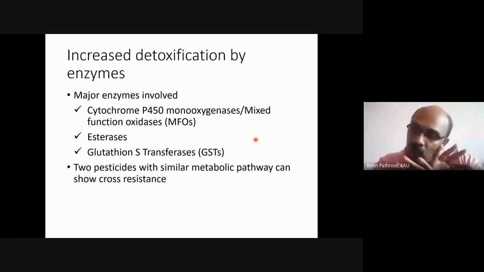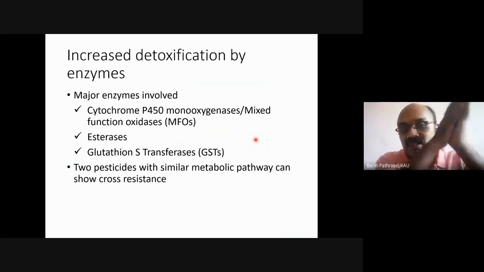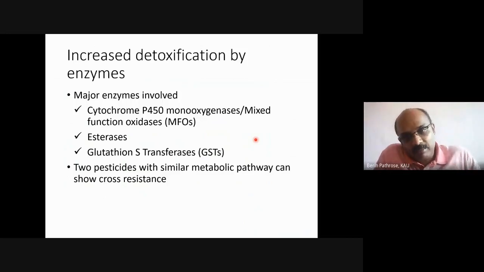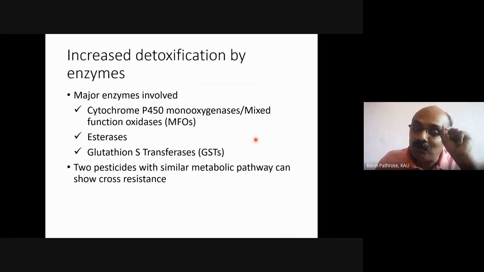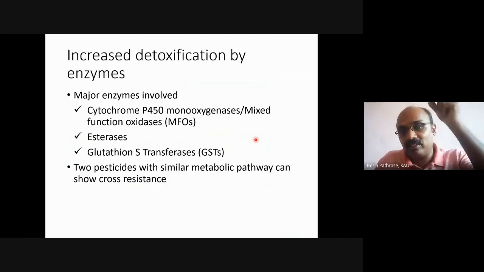These three enzymes are present in all insects, all organisms. And these enzymes are responsible for catalyzing reactions which will help to detoxify any xenobiotic, any chemical. So if an insect has to consume a plant, it has to detoxify the secondary metabolites, the allelochemicals present in the plant. Then they should possess these enzymes to detoxify these allelochemicals.